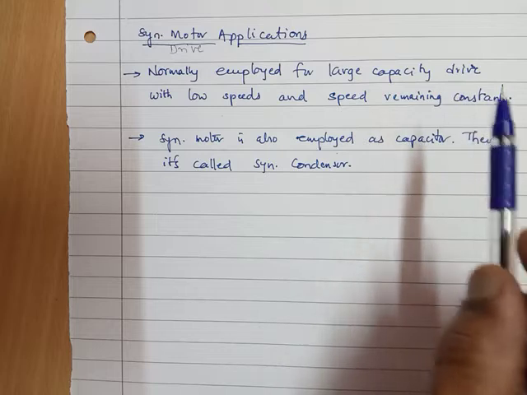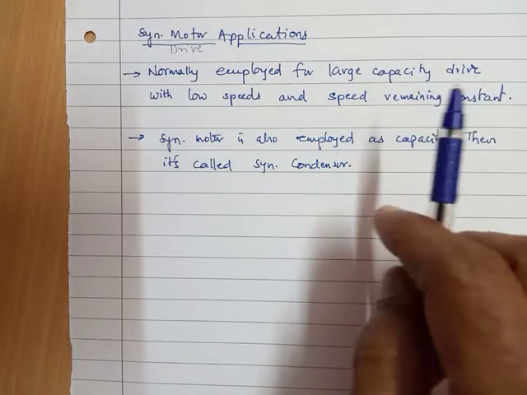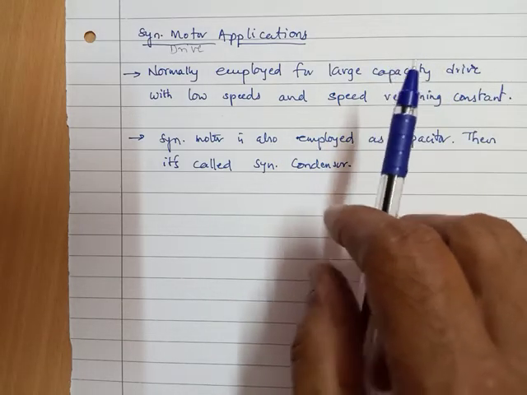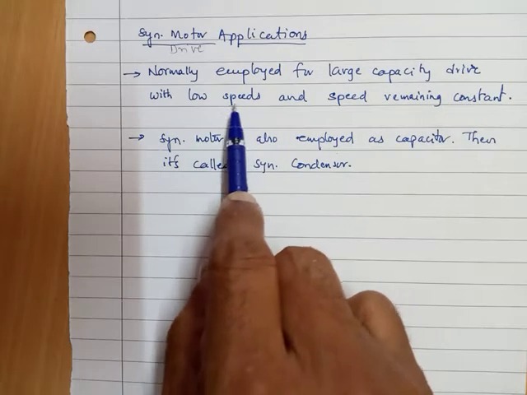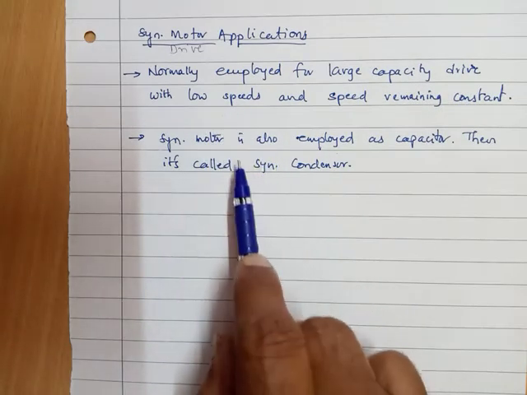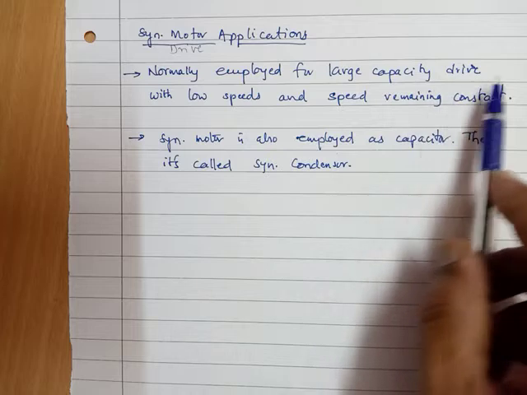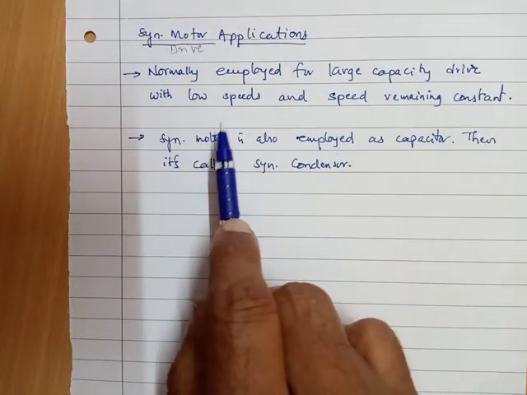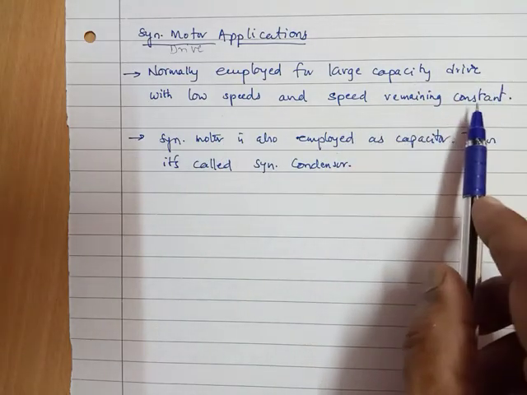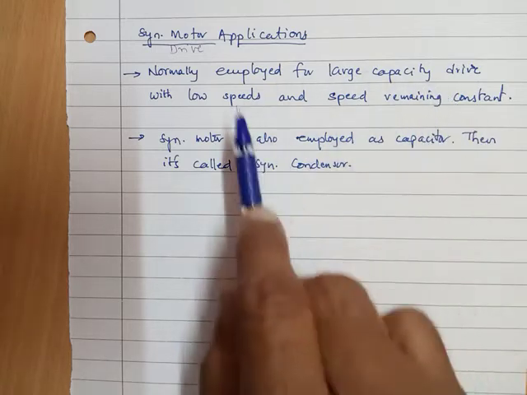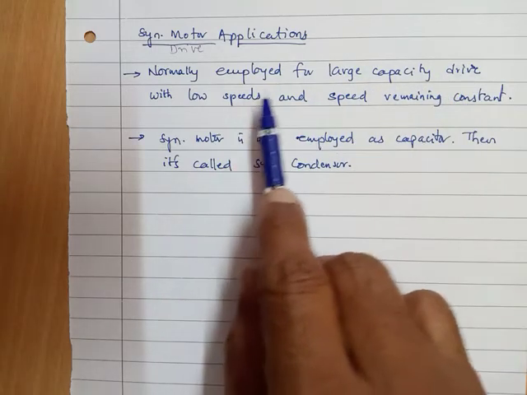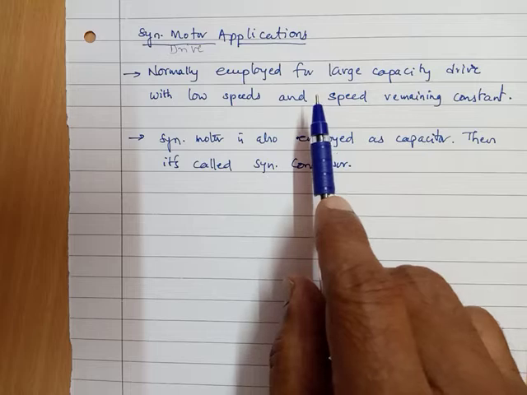Please keep this in mind. The normal application of a synchronous motor is where the capacity required is huge and the speed involved is low: high capacity, low speed, and the speed normally remains constant. For such applications, the synchronous motor drive is employed.